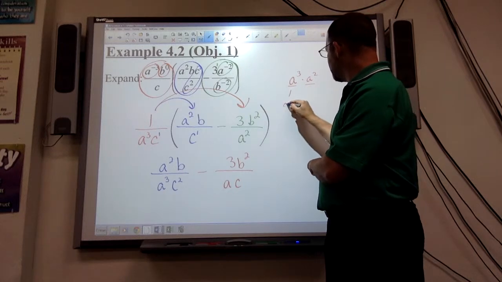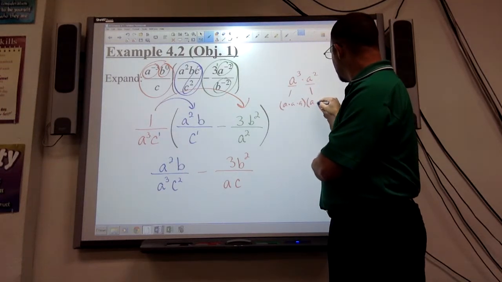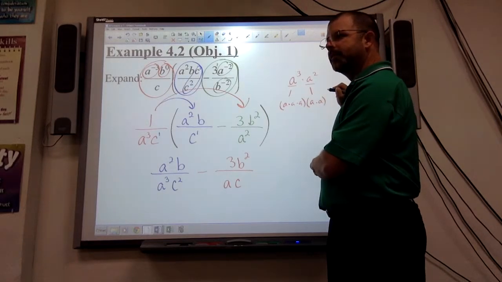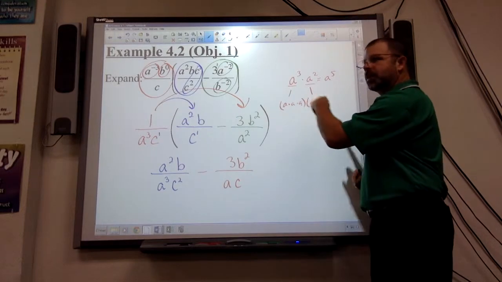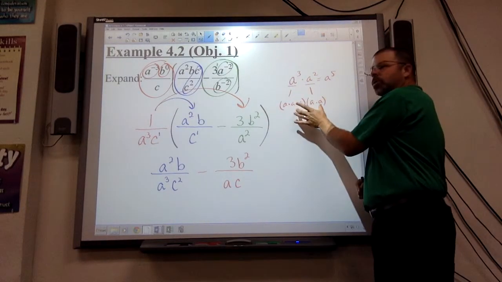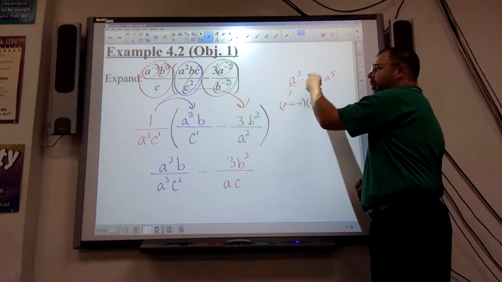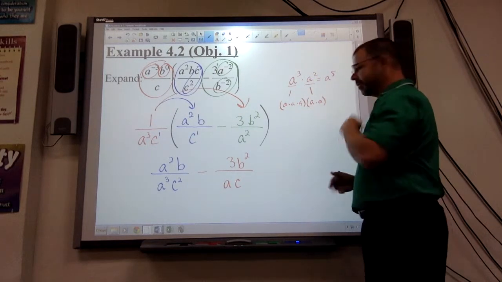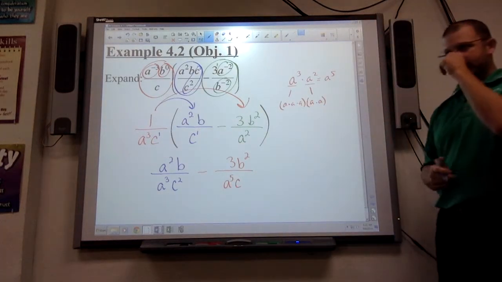A cubed means A times A times A. A squared means A times A. How many A's are there? 5, so it's A to the 5th. In general, when you're multiplying letters of the same type, you're going to add the powers together, because that's where the rule comes from: the powers tell you how many times to multiply. So multiply 3, then multiply 2, multiply 4, 5. So make sure that you're adding powers on those instead of multiplying the powers.